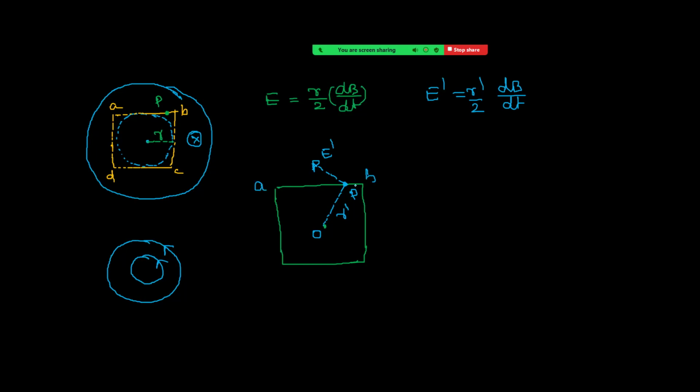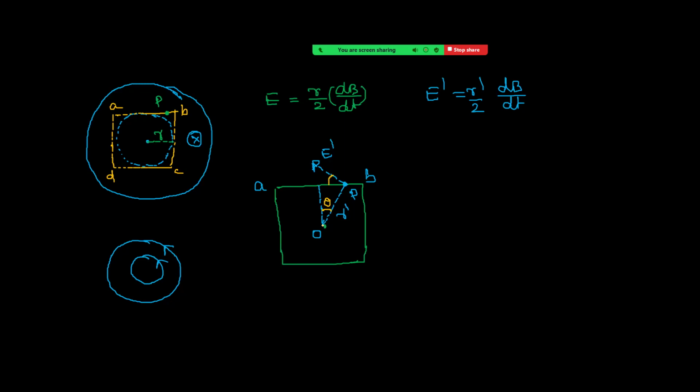Now he's asking for the component along AB. Let us join this point to O, and O to B, taking a normal to AB, and let us consider this angle as theta. If this is theta, this is also theta.